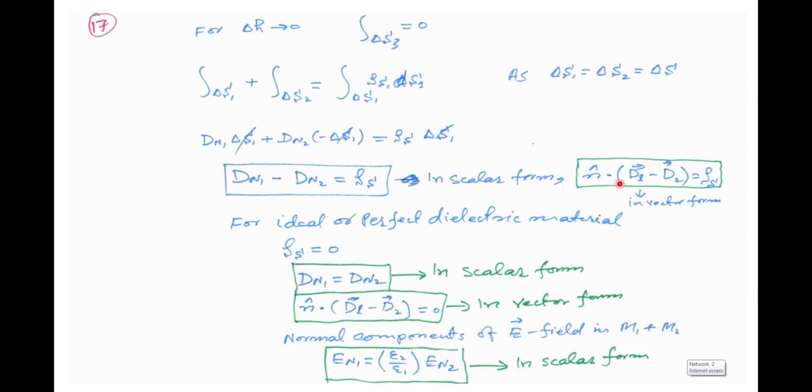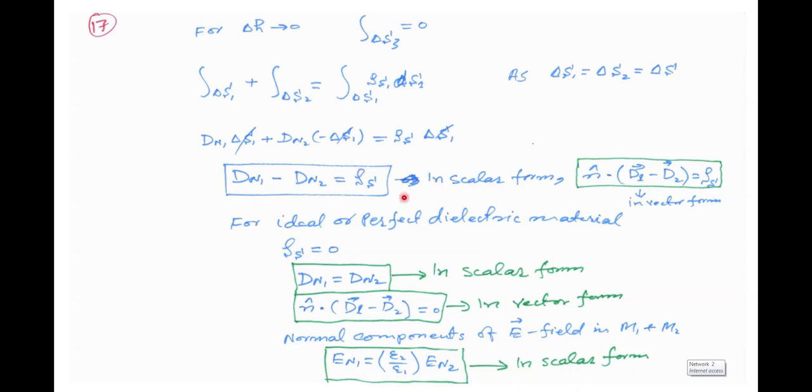In vector form, you can also write it as: n cap, the unit normal, dot D1 field in medium 1 minus D2 field in medium 2 is equal to rho s. This is in vector form.